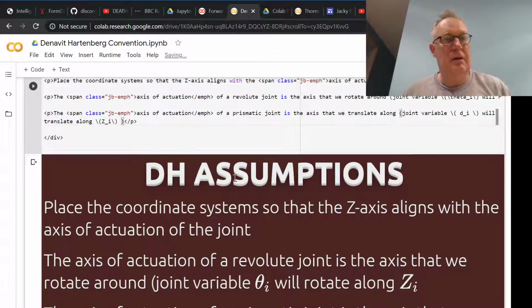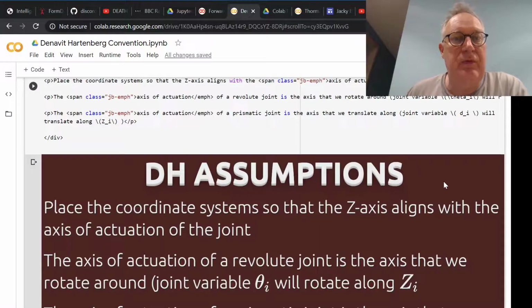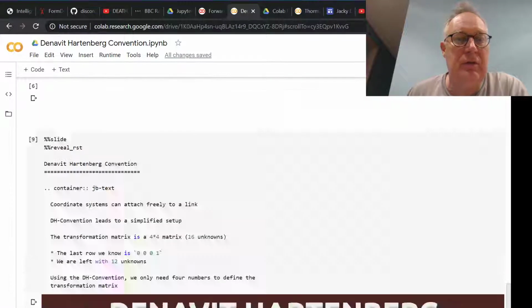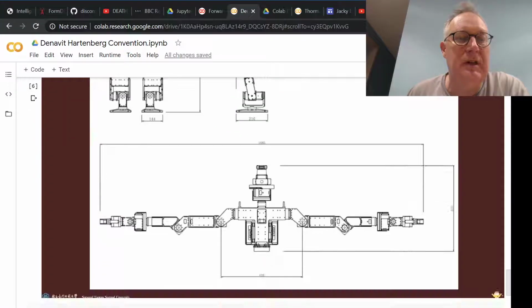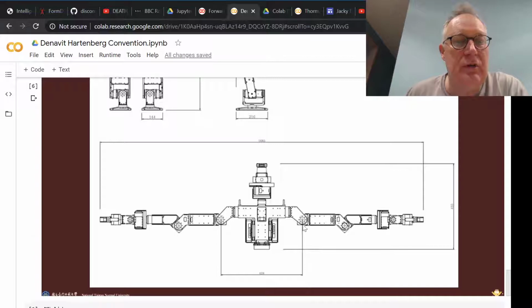However, this assumption is not really detrimental, right? It sort of makes sense. If you didn't know about Denavit-Hartenberg, you would probably align the coordinate systems so that they coincide with the motors, right? That makes sense. So in this case, we do the same thing. We just formalize it and specify that we do that for all the joints.